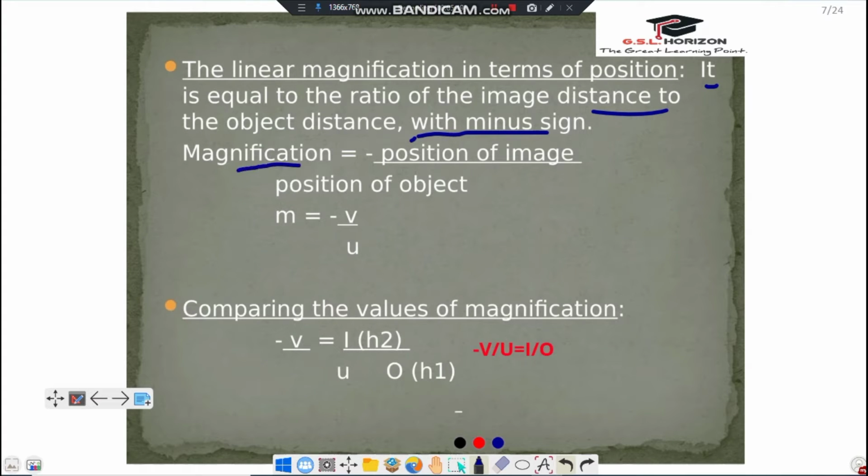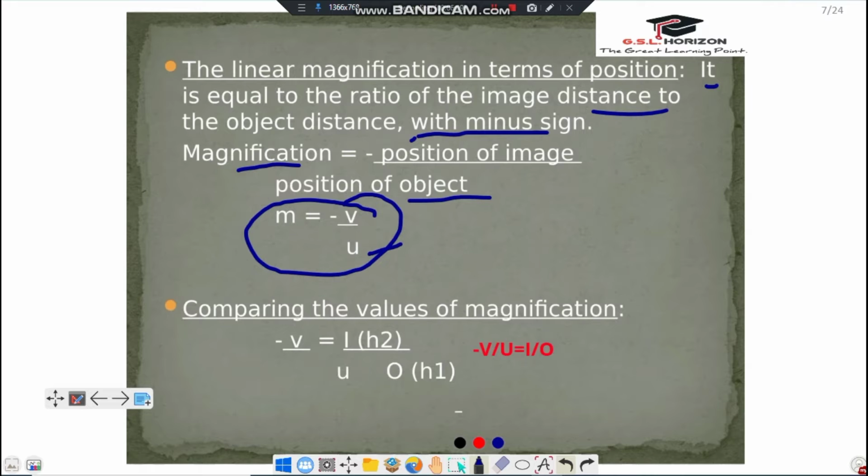As we can see, magnification is equal to the negative of the position of the image upon the position of the object. m is equal to minus v by u, where v represents the position of the image and u represents the position of the object.